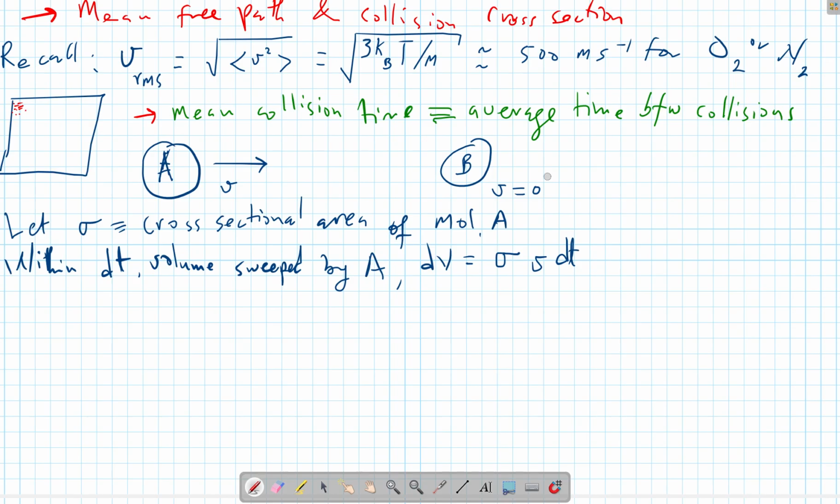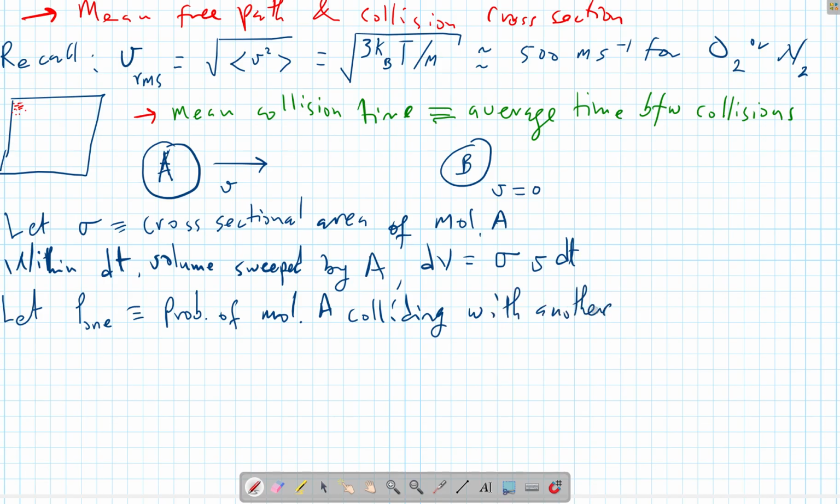Okay, and from there we can compute something. Let us say P1 is the probability of molecule A colliding with another single molecule.